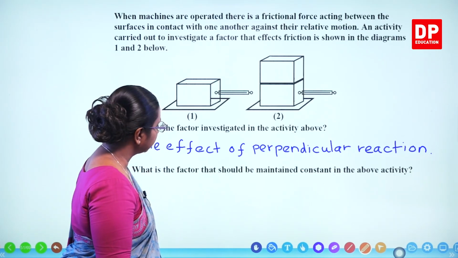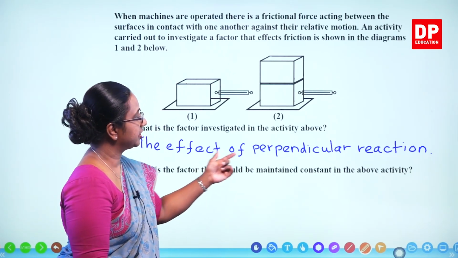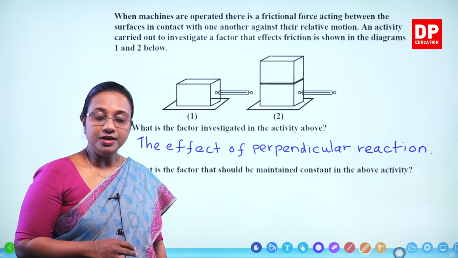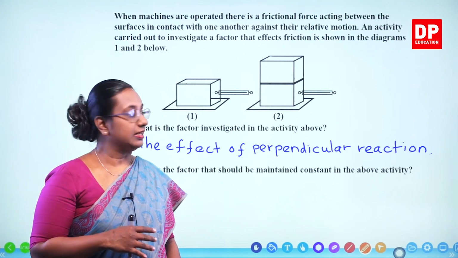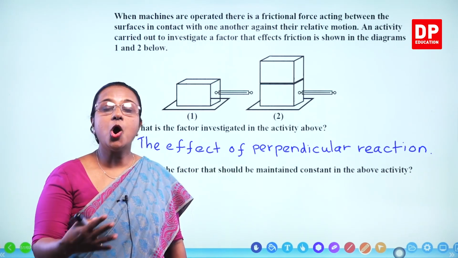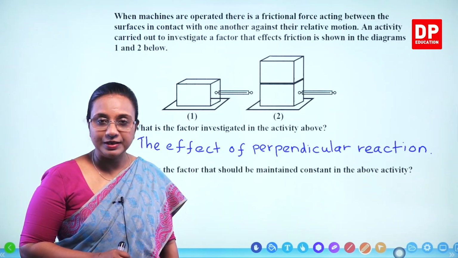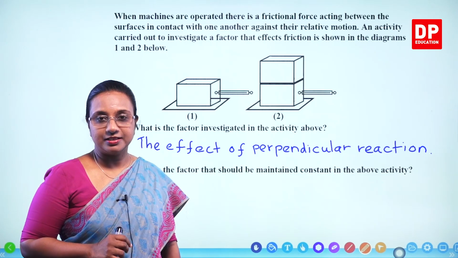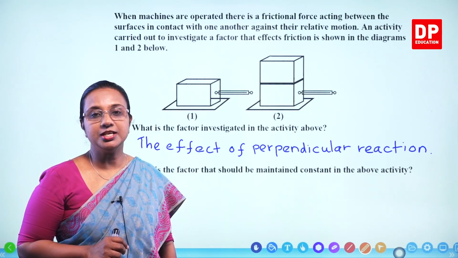What is the factor that should be maintained constant in the above activity? When we do an activity, except for the factor that is being investigated, all the other factors have to be maintained constant. And there are 2 factors that affect limiting friction.